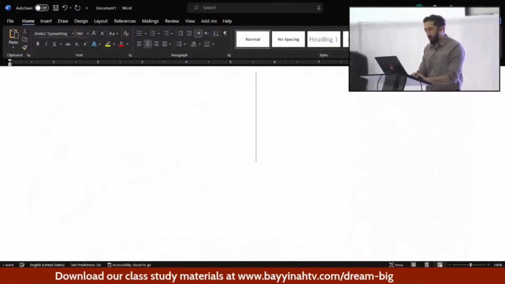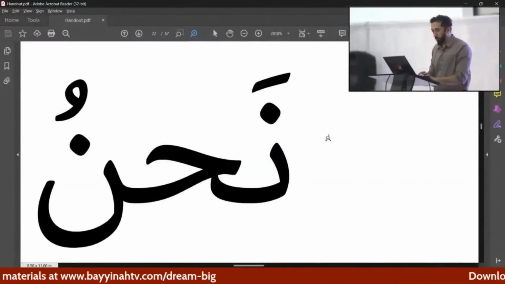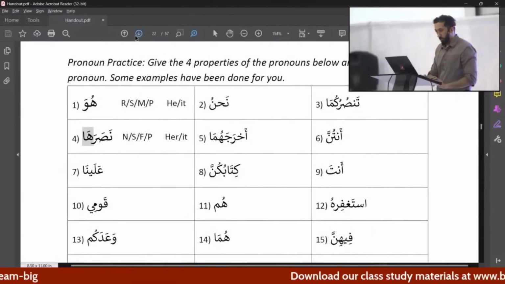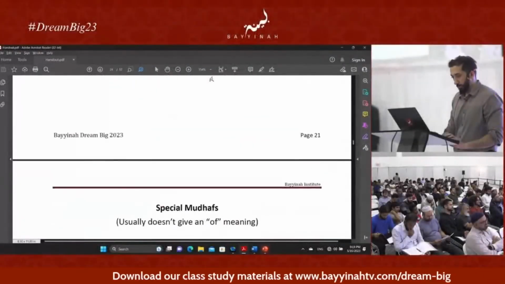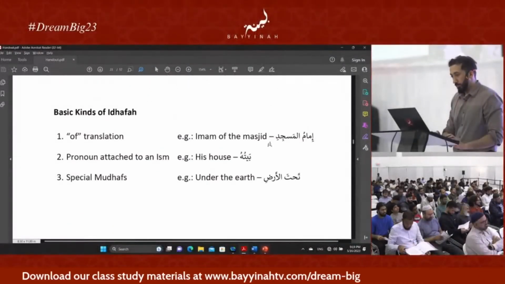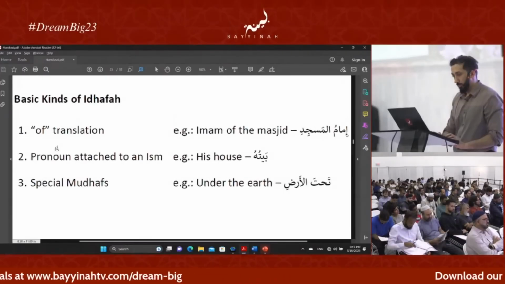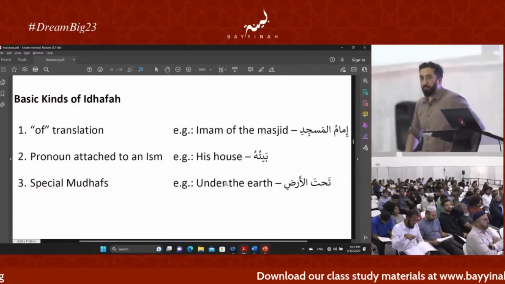Mudaf and... Actually, let me read the notes, because you don't have to write this, because it's already in your notes. This is going to be on page 21. It says at the bottom, basic kinds of idafa.